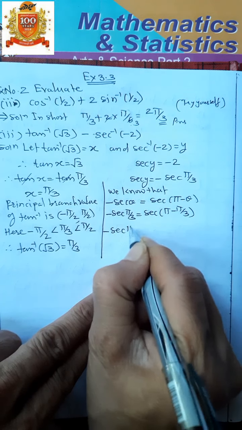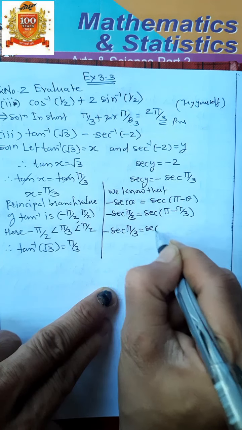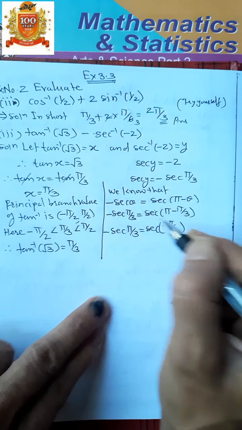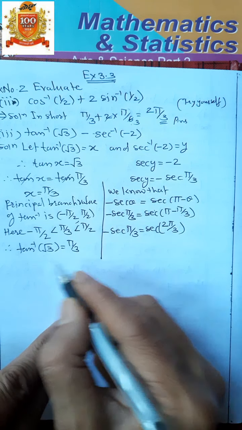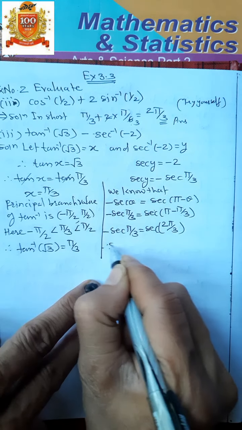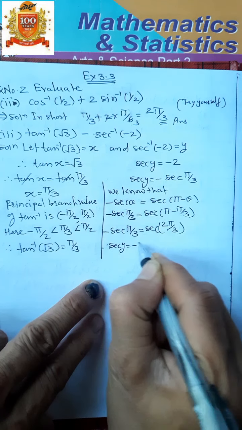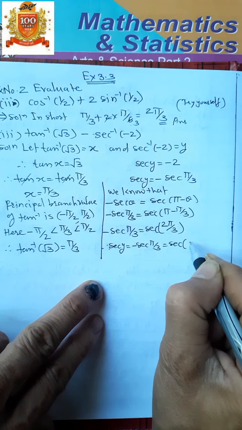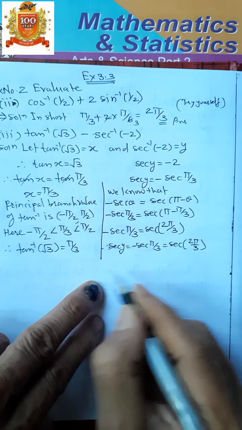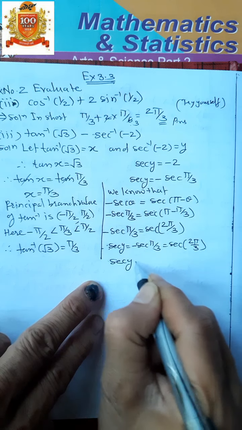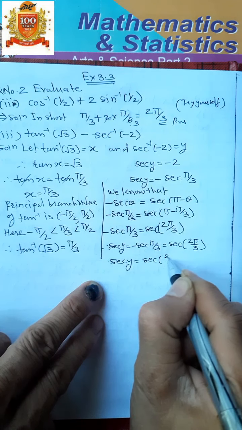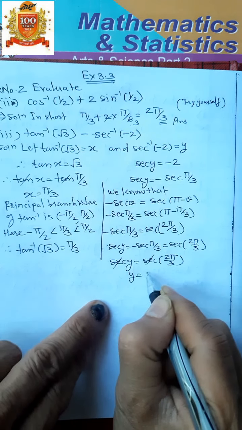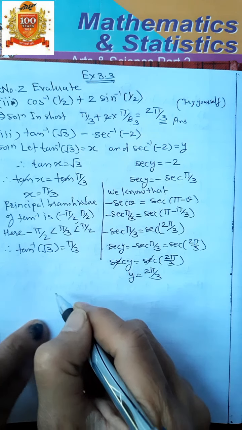Minus sec pi by 3 is equal to sec 2 pi by 3, isn't it? Therefore, sec y is equal to minus sec pi by 3, which is equal to sec 2 pi by 3. Therefore, sec y is equal to sec 2 pi by 3. Sec gets cancelled. y is equal to 2 pi by 3.